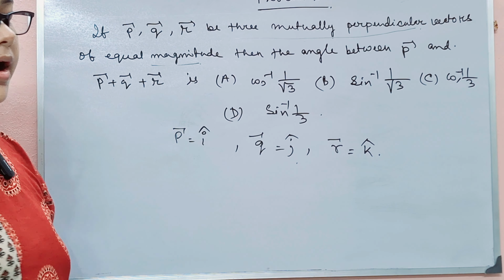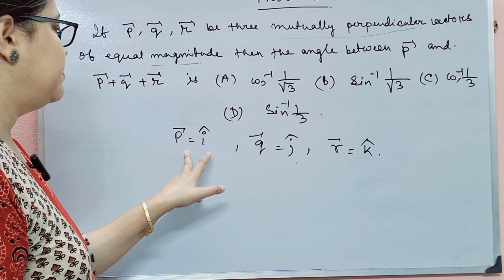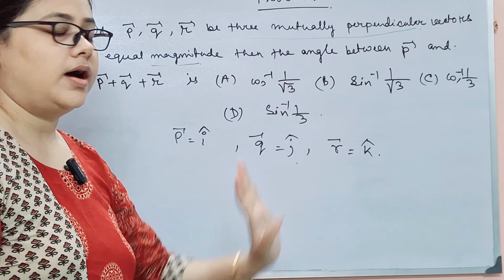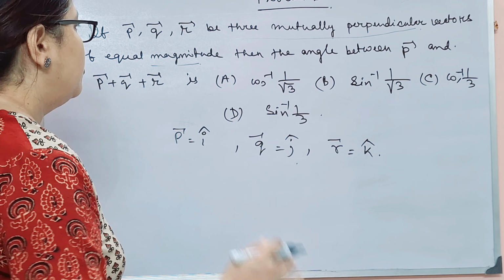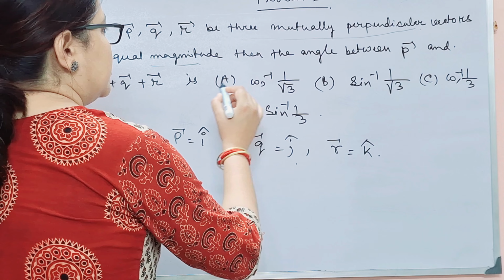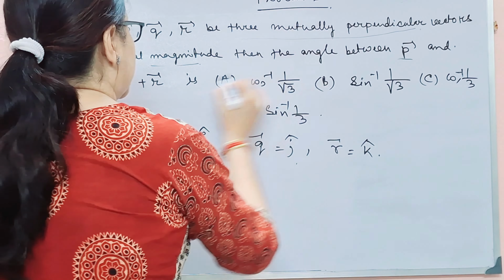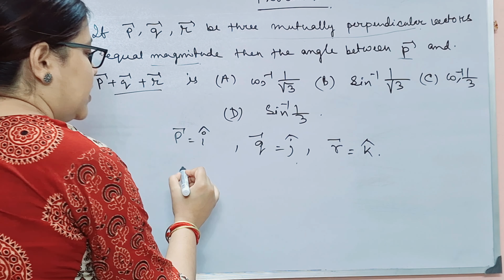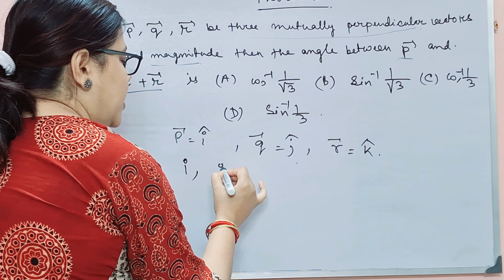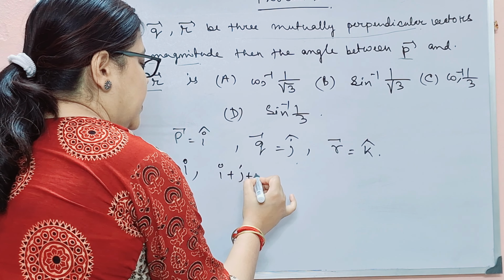So I can easily put the vector P as i, Q as j and R as k. So in order to find the angle between this and this, we will have to find the angle between i and i plus j plus k.